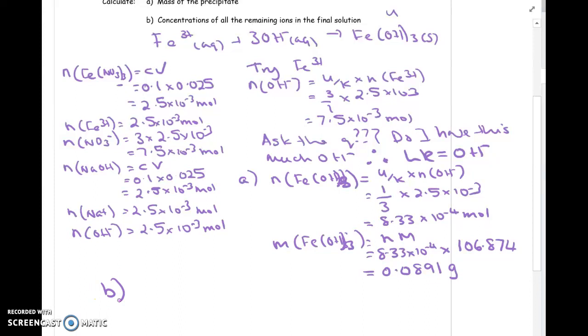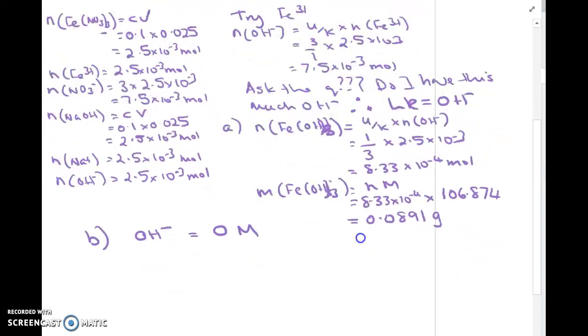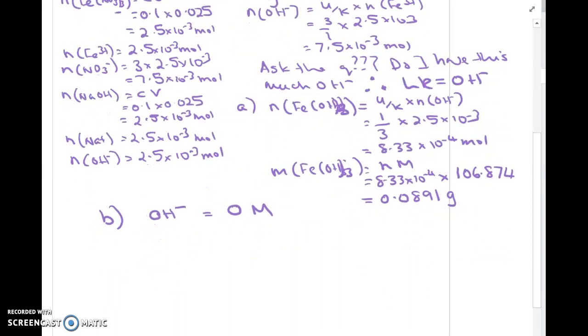Part B asks us to find the concentration of all the remaining ions in solution. Well, hydroxides, as they're the limiting reagent, have a concentration of 0 moles per litre. So our next point is to find the concentration of the other ions. I'm going to leave iron 3 to last because that's the hardest, and do the spectators first.